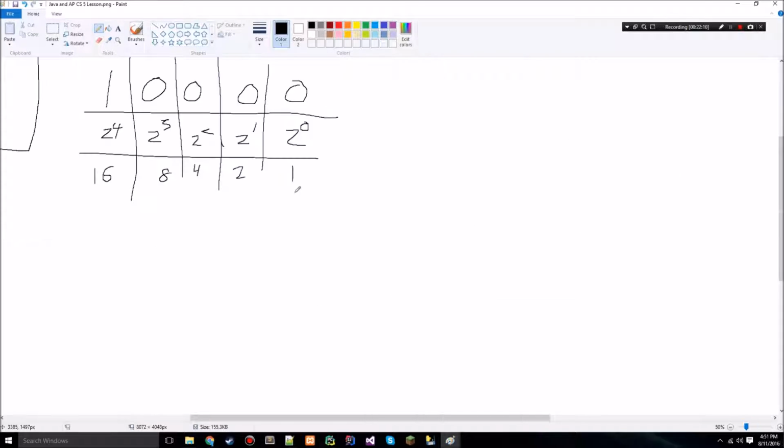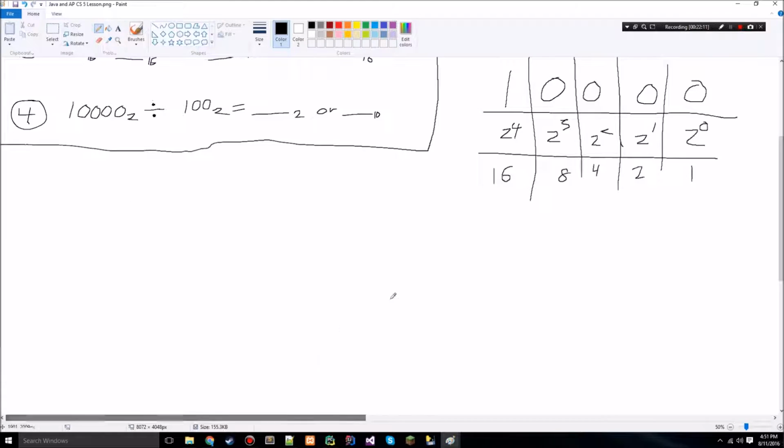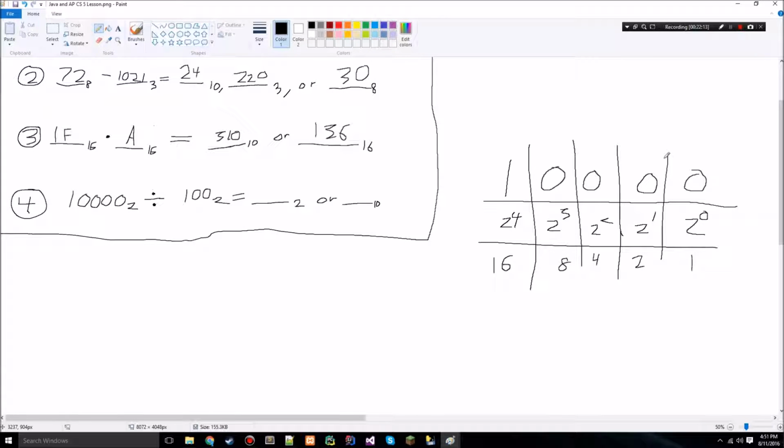So let's go ahead and zoom out a bit. So 16, 8, 4, 2, 1, yep. Alright, so we only have a 1 in the 16's place, so this is the same thing as 16 base 10. Now 16 base 10 divided by what 100 base 2 is in base 10.